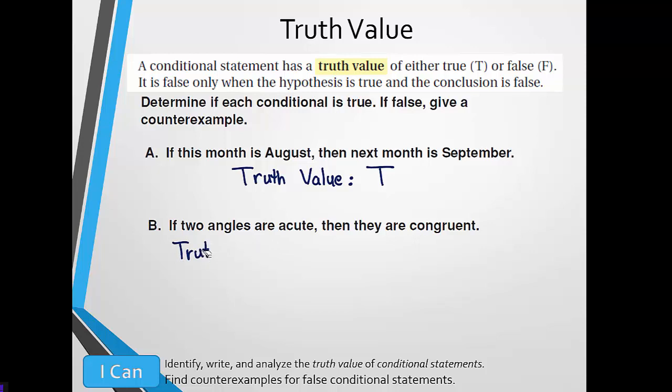So the truth value of this is going to be false, and here is my counterexample. I need two angles that are acute but not congruent, and that would be 10 degrees and 20 degrees. That's two acute angles that are not congruent, and that's why that has a truth value of false.